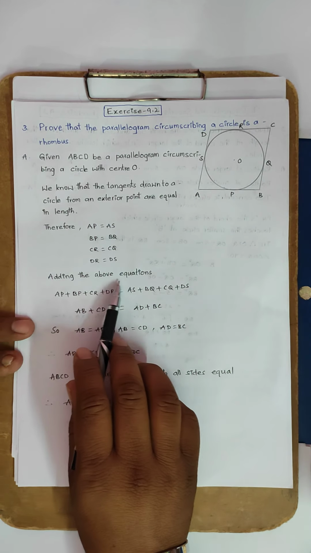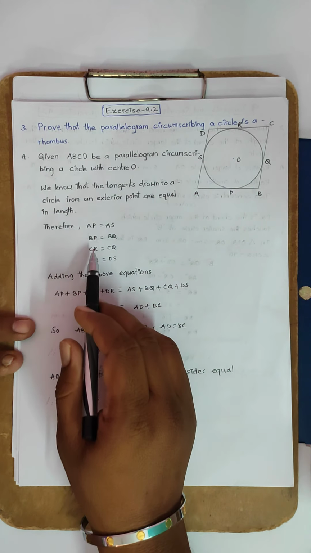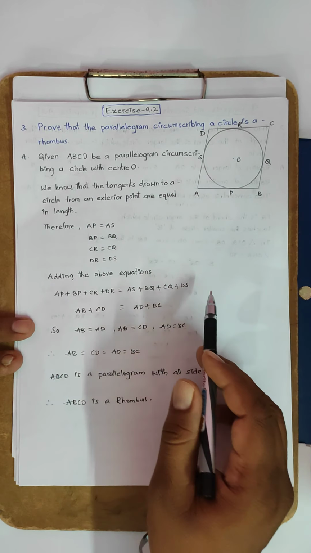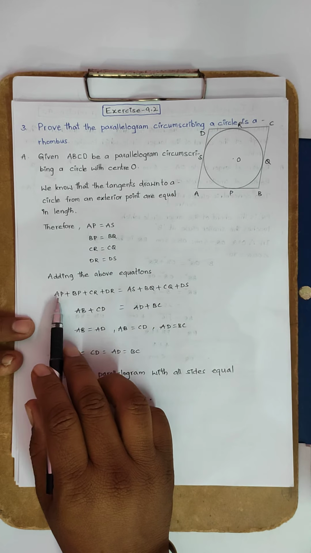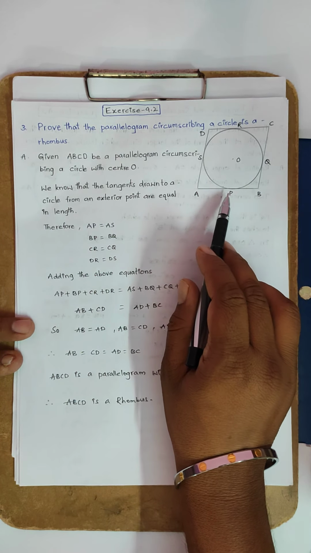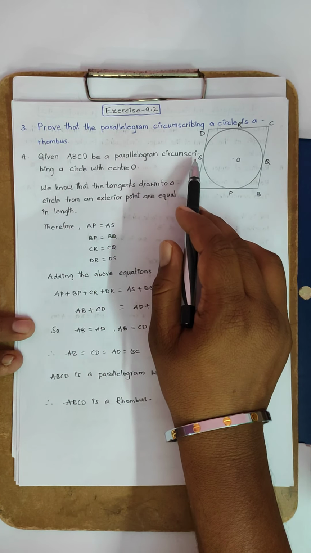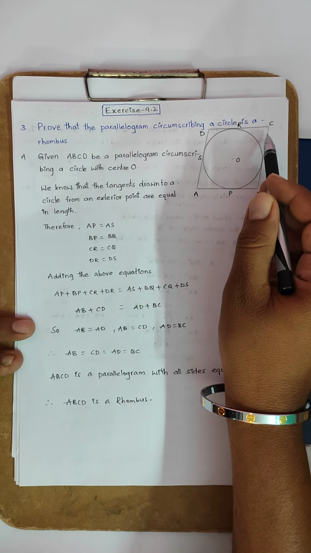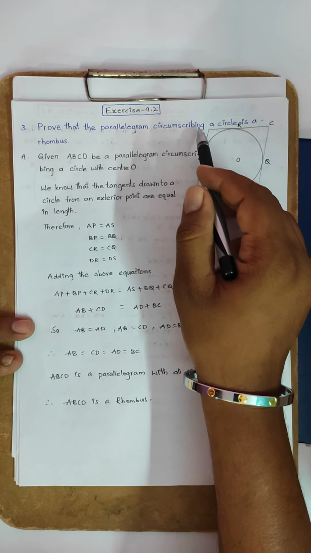Adding the above equations, we get AP plus BP plus CR plus DR on the left hand side, and AS plus DS plus BQ plus QC on the right hand side. Here AP plus BP gives AB, AS plus DS gives AD, BQ plus QC gives BC, and CR plus DR gives CD.